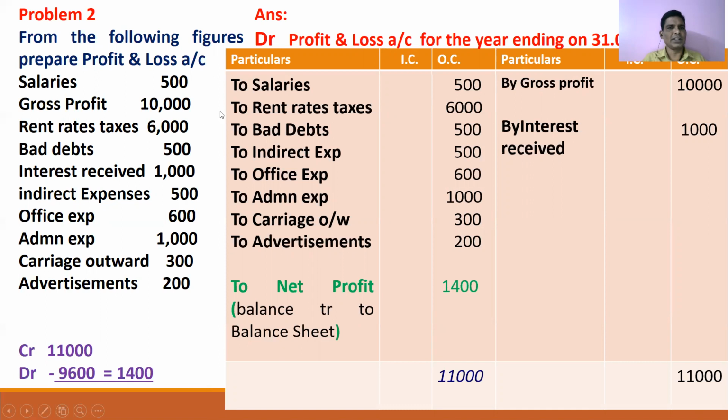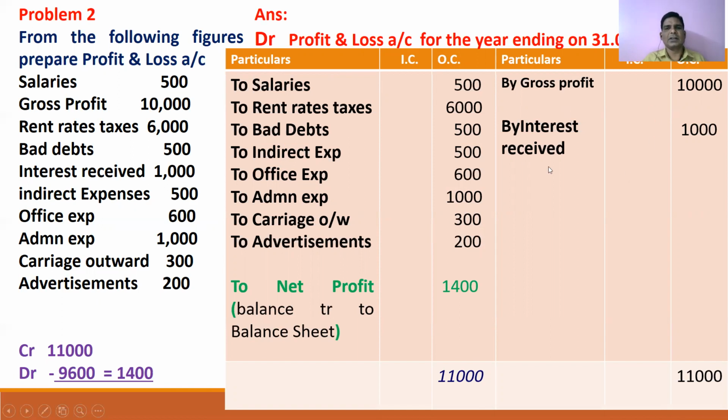Rent, rates, taxes, PD shown here; bad debts, PD shown here; interest received, PC shown here. Indirect expenses 500 PD, office expenses 600 debit side PD, admin expenses 1000 PD, carriage outward PD 300, advertisement 200 PD. So these are the PDs, these are the PCs.